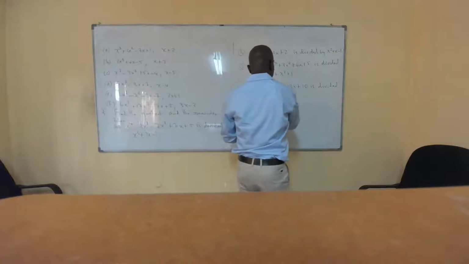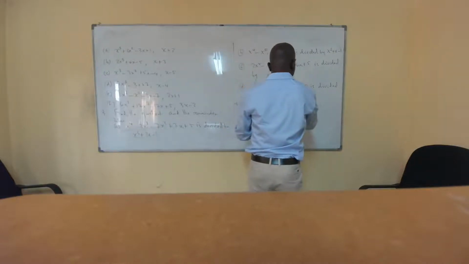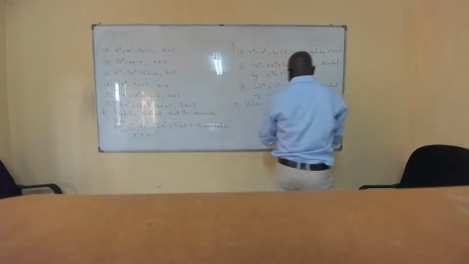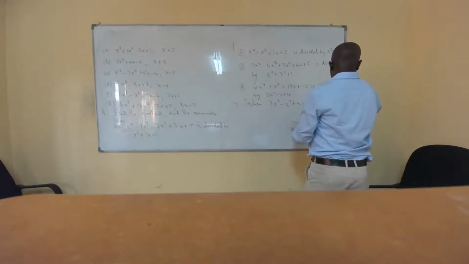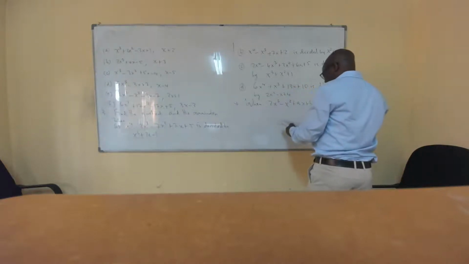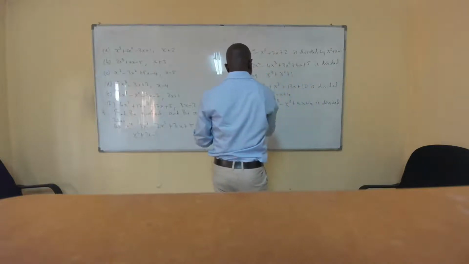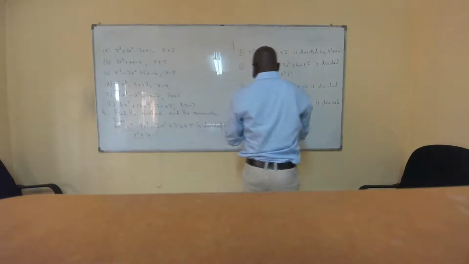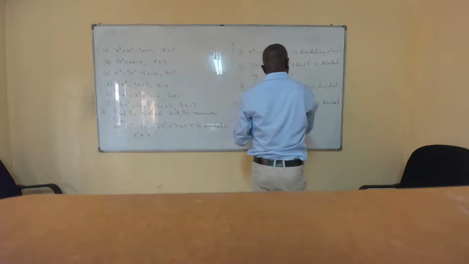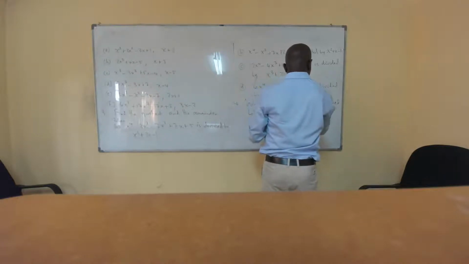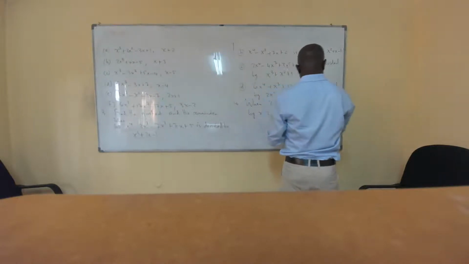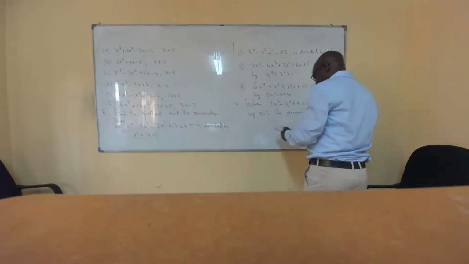When 2x to the power 3 minus x squared plus ax plus b is divided by x minus 2, the remainder is 25.